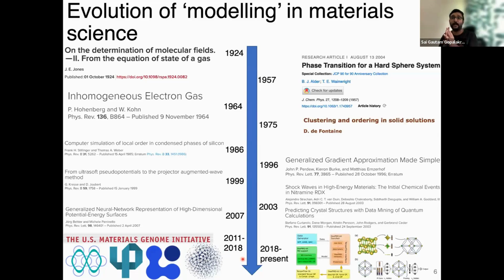And 2018 was another big breakthrough, which is when graph neural networks started making an appearance within materials modeling. I'll describe this later in the talk today, but graphs represent a very intuitive, very easy way to model a given material, a given three-dimensional lattice.